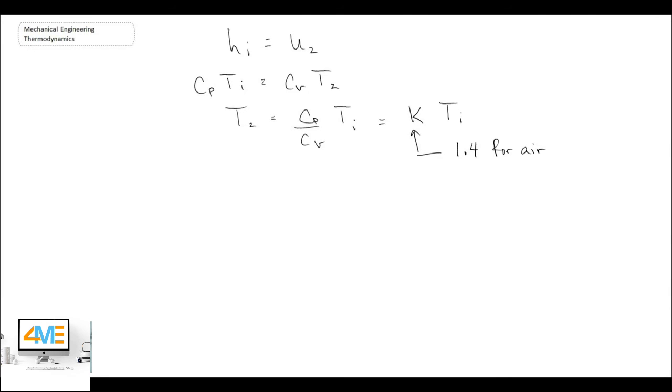And Ti here needs to be in Kelvin. So with that, we can say that the temperature at the end of our process at state 2 is 406 Kelvin. And that solves the problem. That is also approximately 133 degrees Celsius. So that is the solution to the problem involving the uniform flow process. Thank you very much.